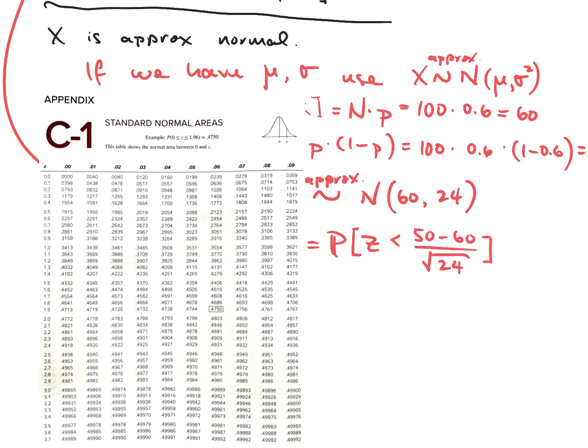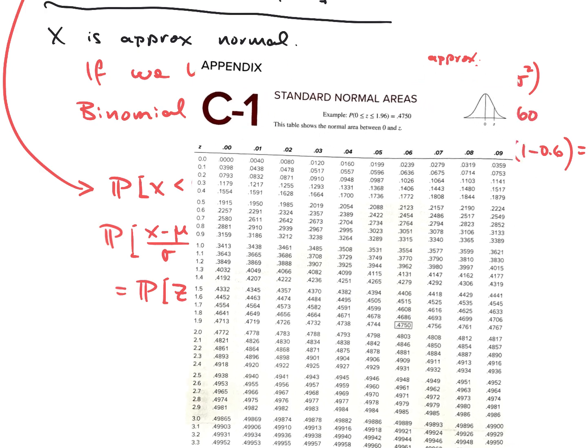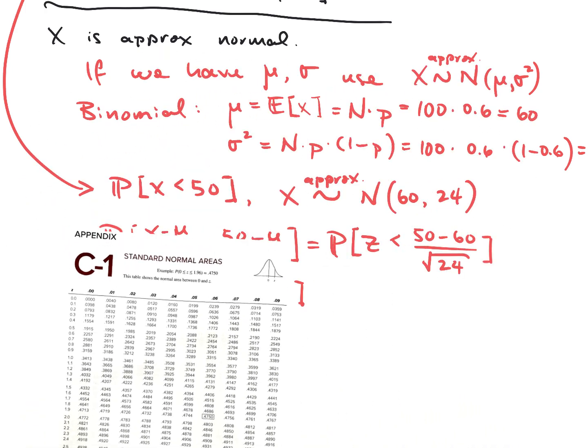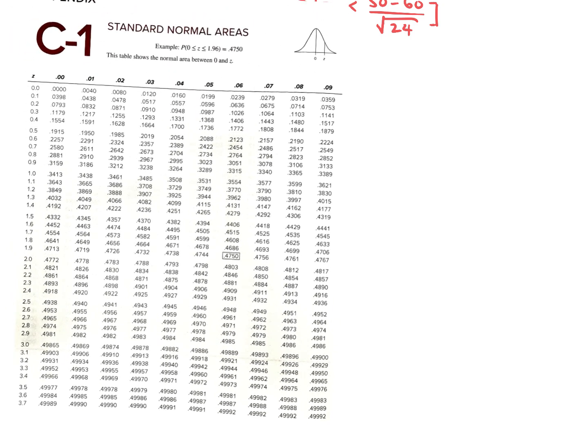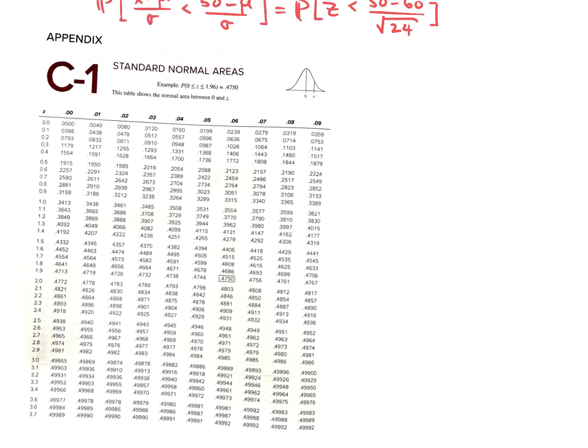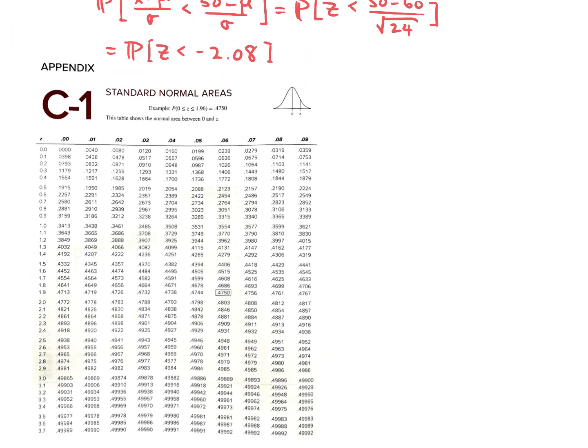Here's the table that we want. And in particular, we're looking for 2.08. So we read down the column on the left to get to 2.0, so we'll be in this row. And then we read across the column for 08, for the hundredths place. And we get a value of 0.4812.